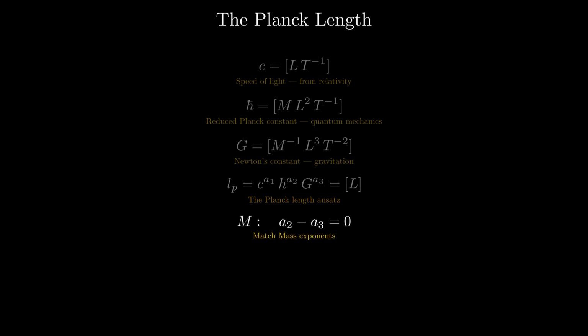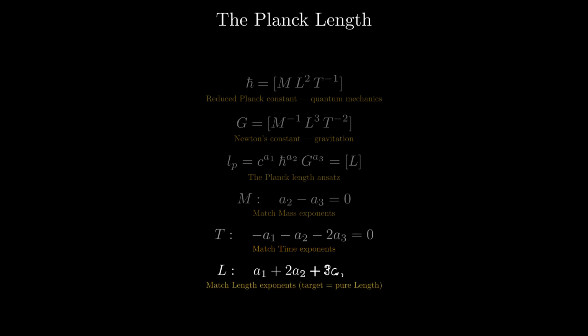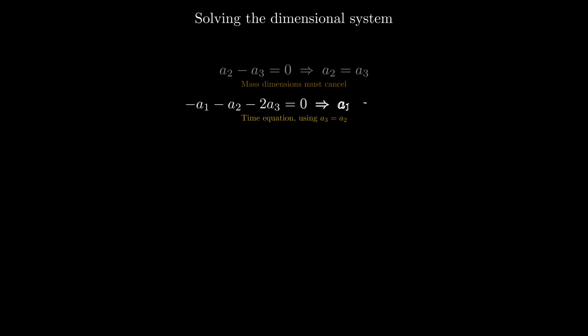For mass, we get a2 minus a3 equals 0. For time, we get minus a1 minus a2 minus 2a3 equals 0. And for length, we get a1 plus 2a2 plus 3a3 equals 1. Solving that system is quick. From the mass equation, a2 equals a3. Feed that into the time equation and you get a1 equals minus 3 times a2.